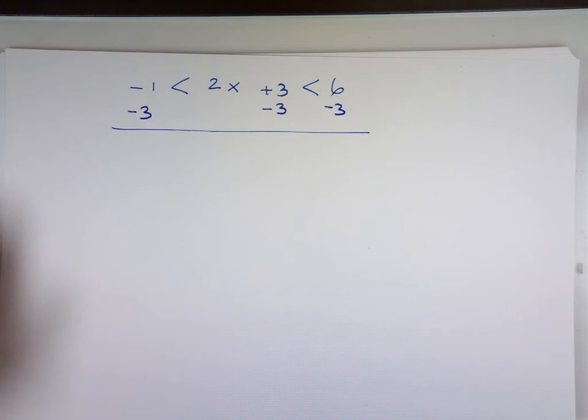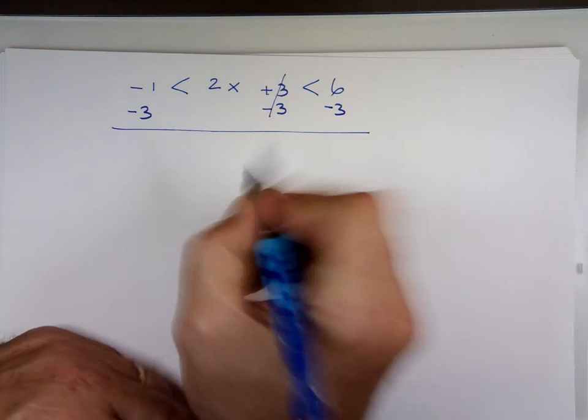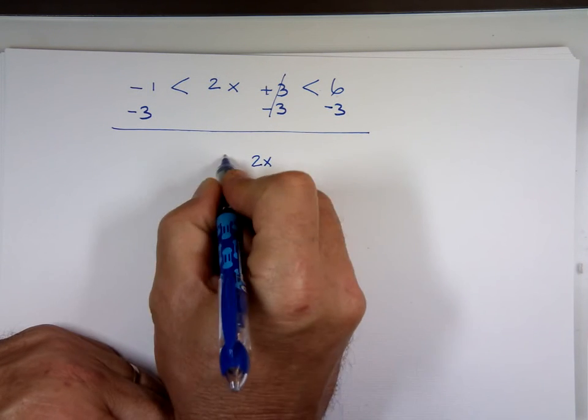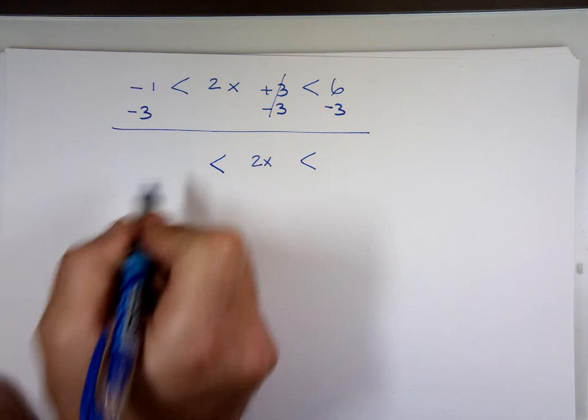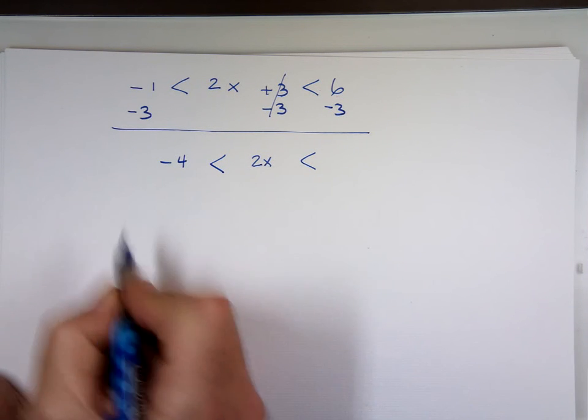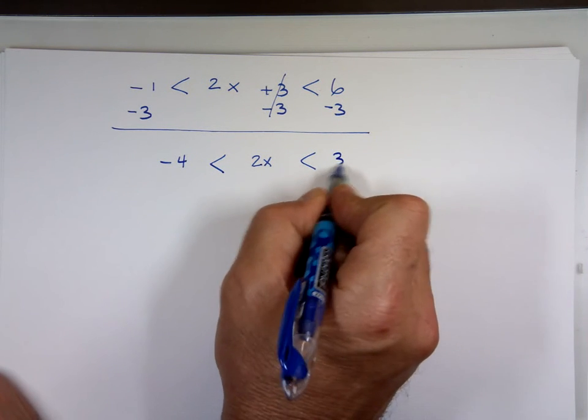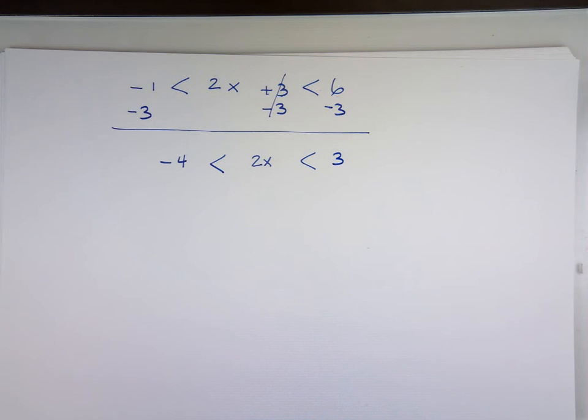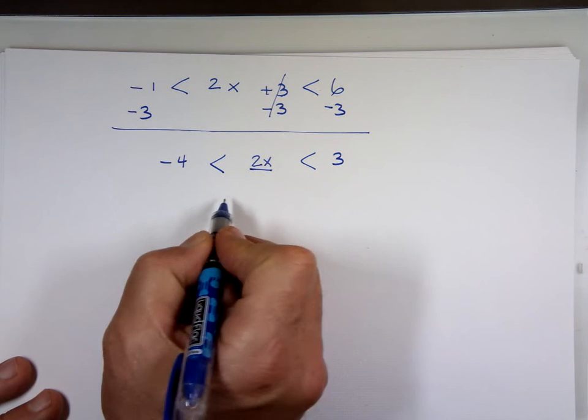Whatever you do to one side, you got to do the same thing to the other 2 sides. Gone. 2x. This will be what? Negative 4. This will be plus 3. And to solve for x, you're going to divide by what? 2.